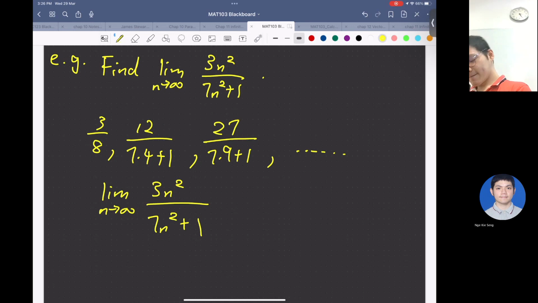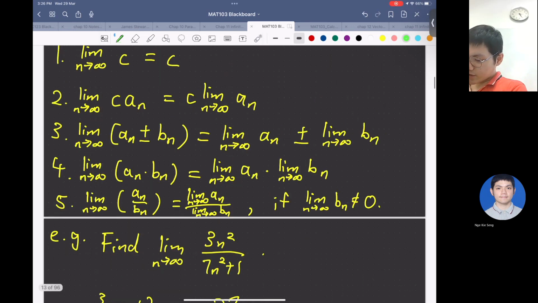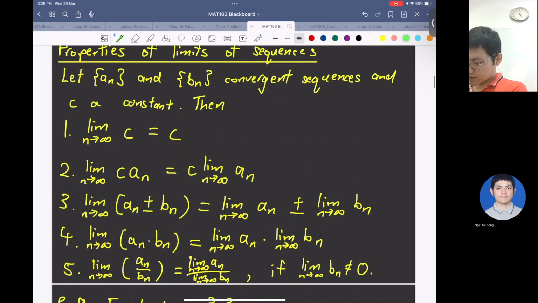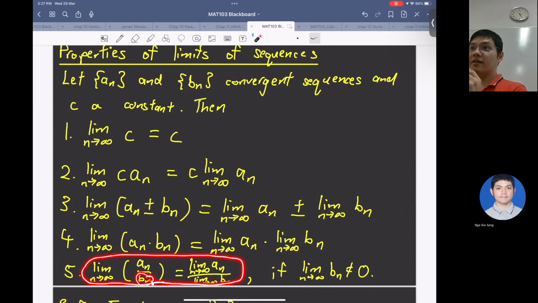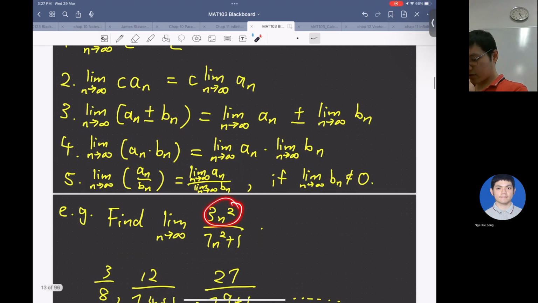You can multiply by 1/n squared. Because if you want to use these previous properties, I think the closest one is an/bn, which is 3n squared over 7n squared plus 1.